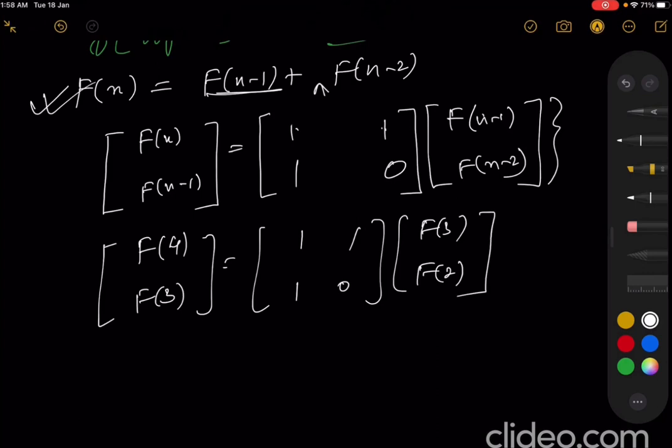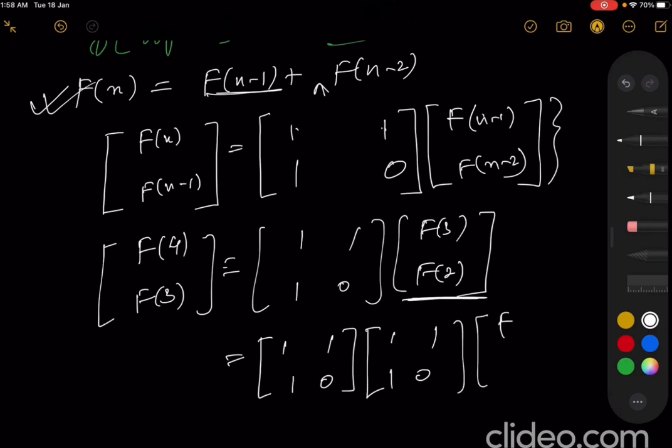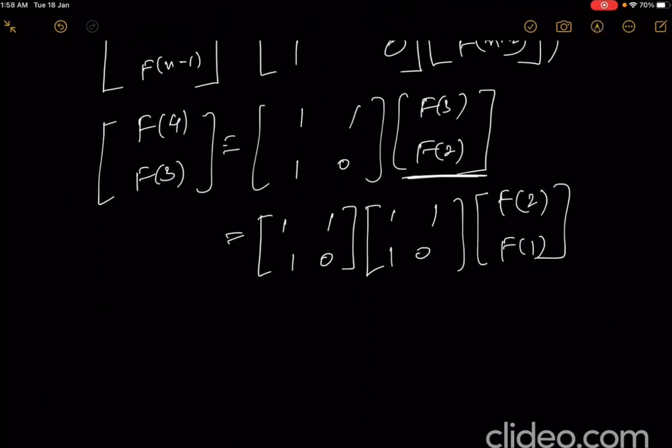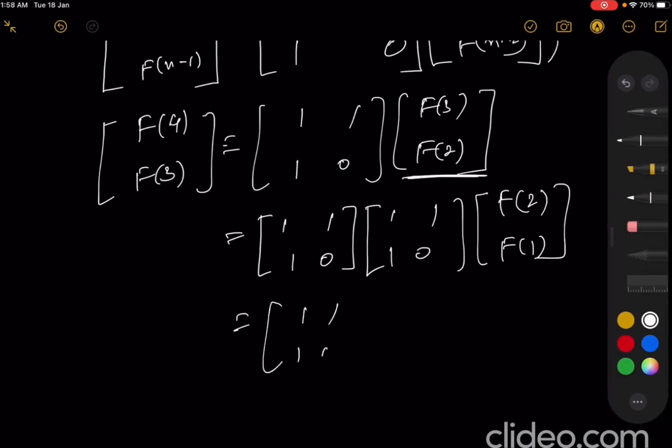By using the same identity again, you get 1 1 1 0 again, and this gets reduced to f of 2 and f of 1, so you got something like 1 1 1 0 squared times f of 2 and f of 1.